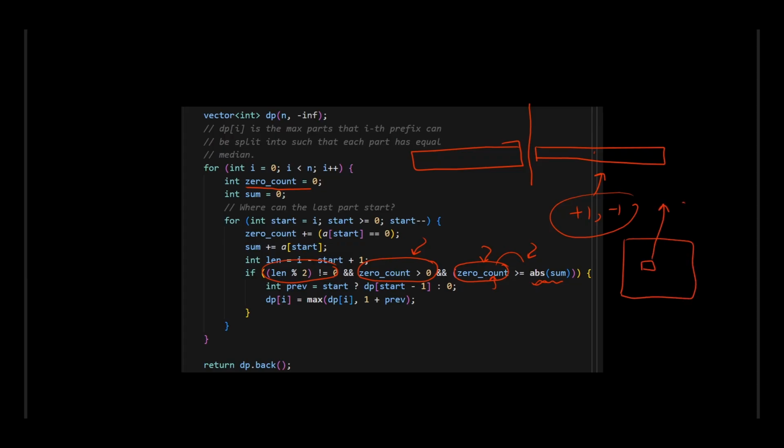So if there are s extra elements remaining, you should have at least as many copies of the median as x, so that you can cancel it out. And same for this: if you have minus s sum, it means you have s extra elements remaining, so you should have at least x copies. So that is why this absolute thing is coming into the picture. This is nothing but just mod.